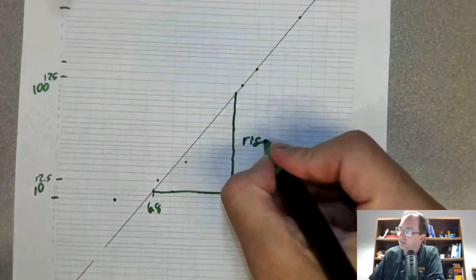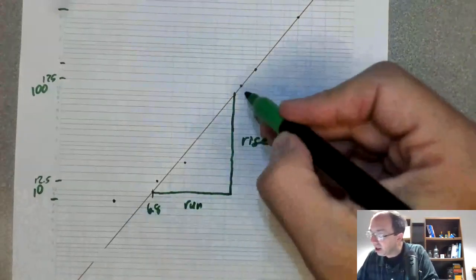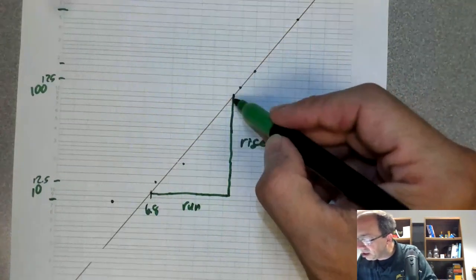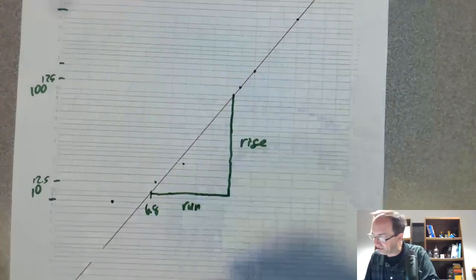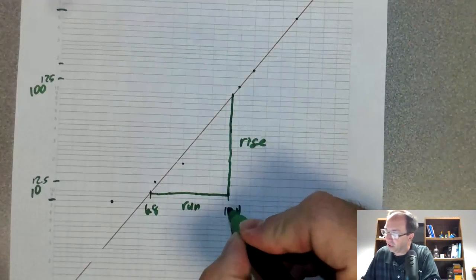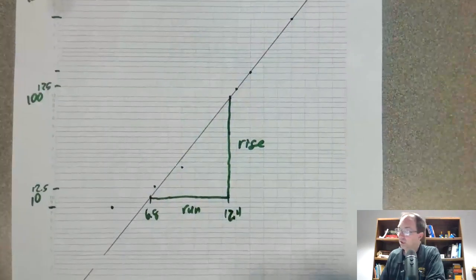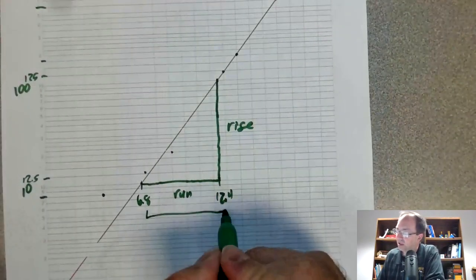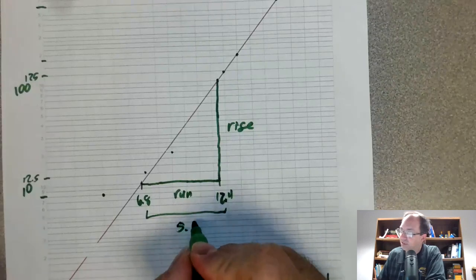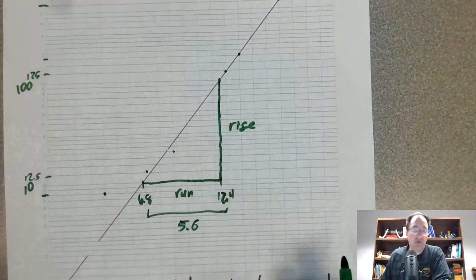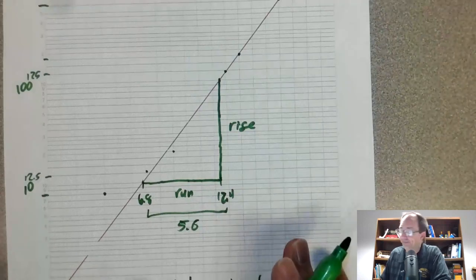So we have our rise over our run. And this looks to be maybe a little bit left of half. So that is at, we'll call it 12.4. So 6.8 to 12.4, that means the run here is 5.6 units. So that's just like you would do the run for any graph.